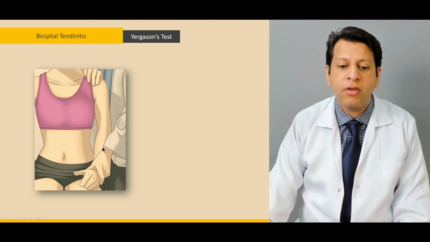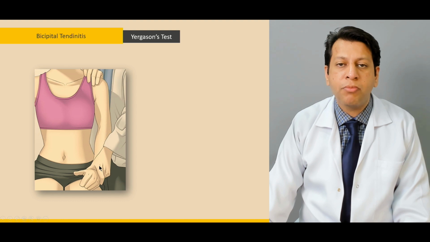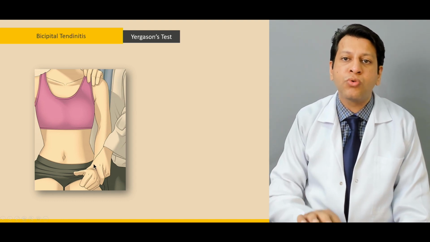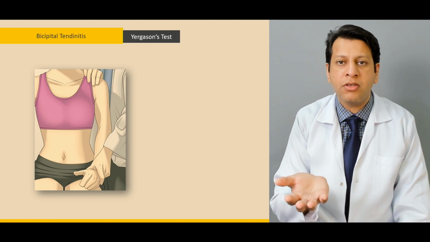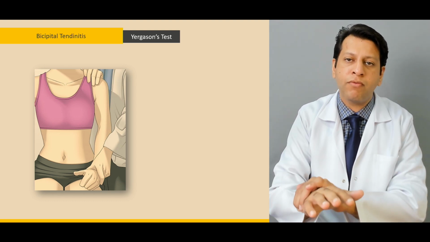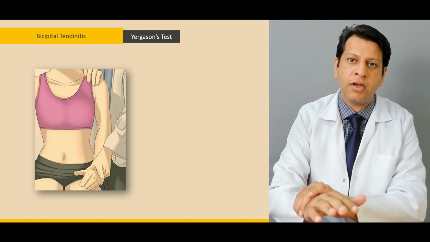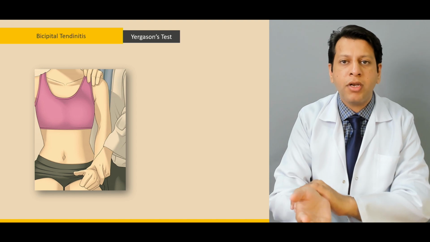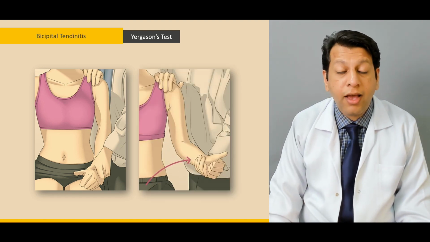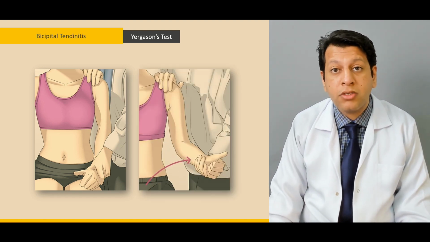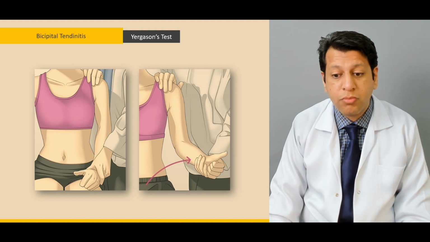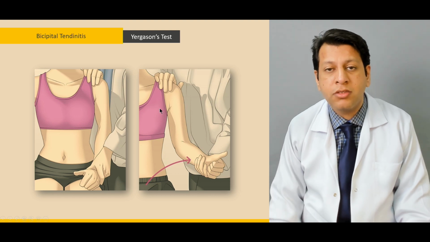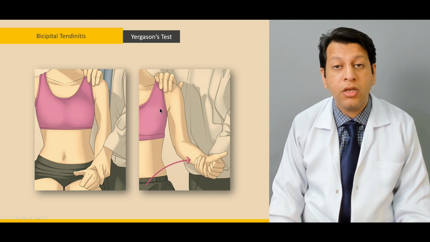You put your hand on top of the forearm and ask the patient to supinate the forearm against resistance. As the main function of the biceps brachii is supination, this produces pain, especially over the anterior shoulder region. This means the Yergason test is positive.